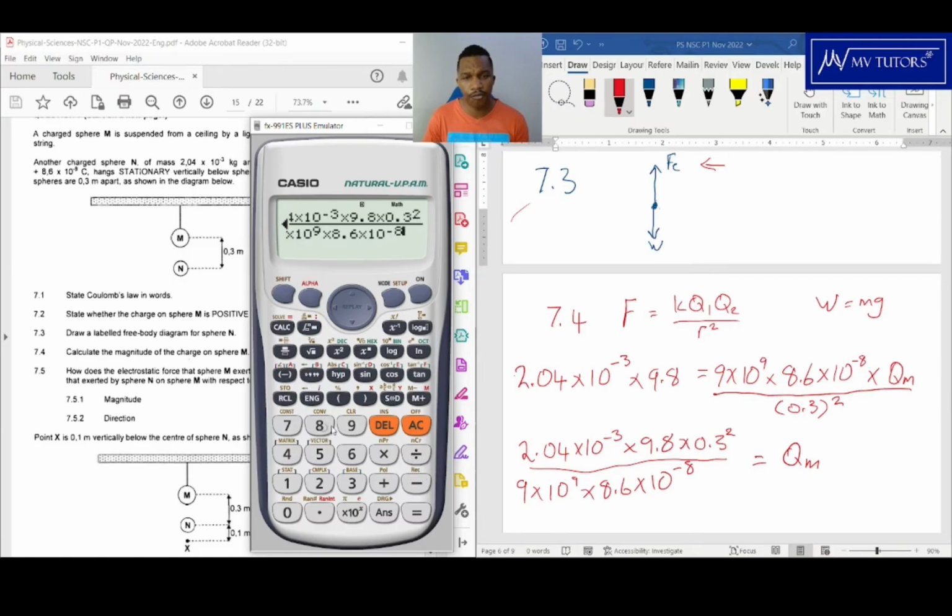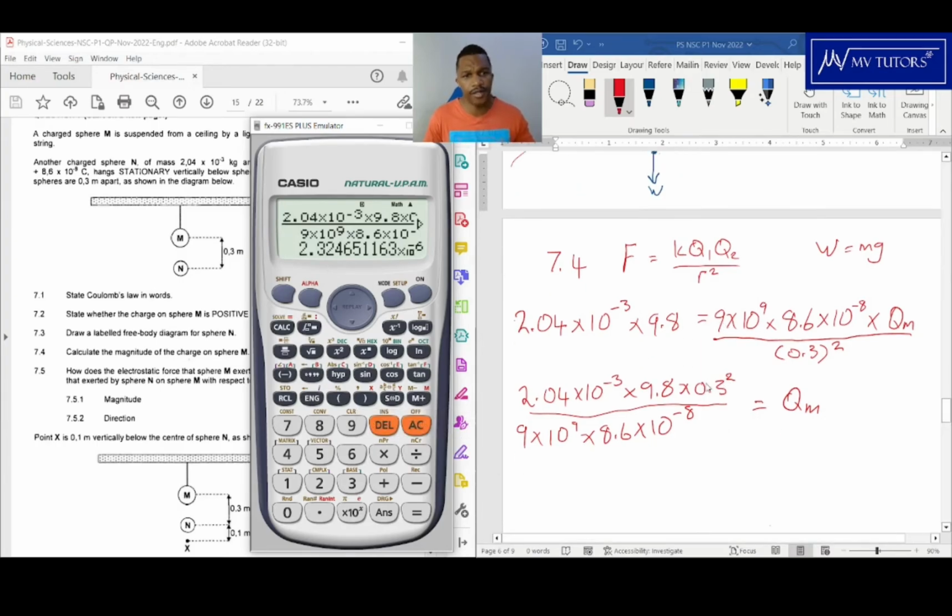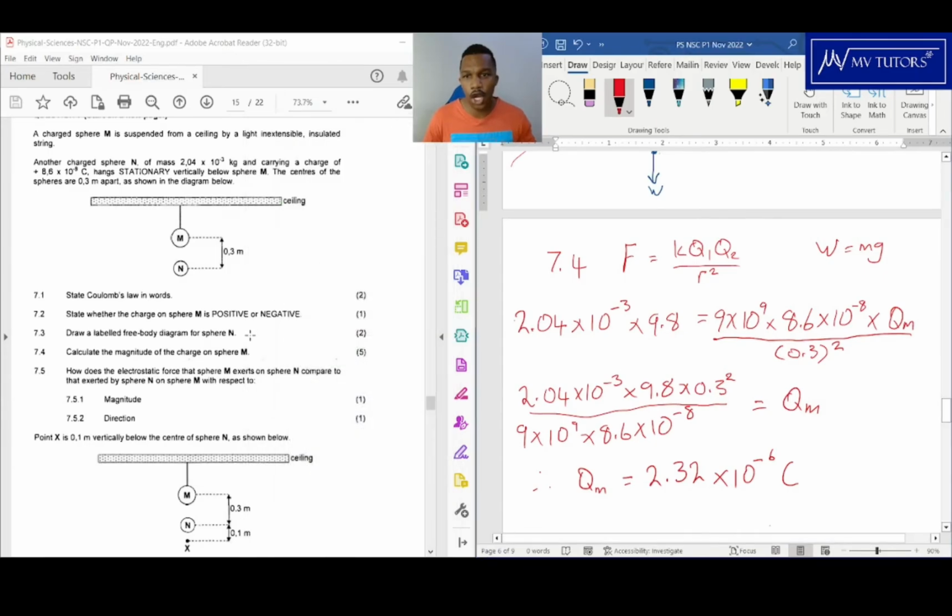I really do. Okay, so we get that the charge of m is 2.32 times 10 to the power minus 6. Now what are the SI units? Coulombs.